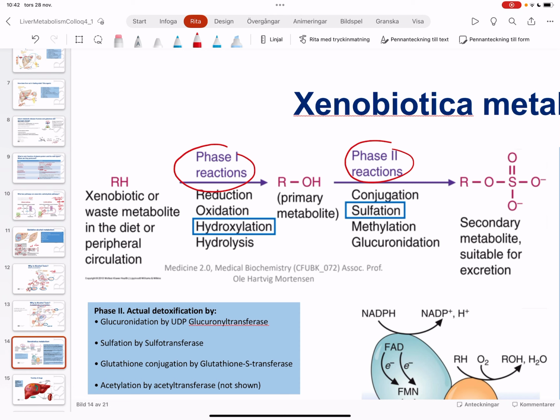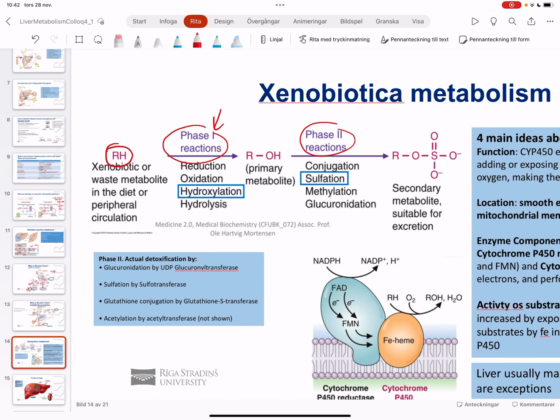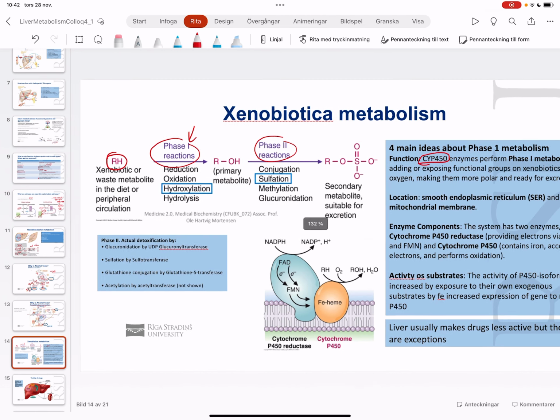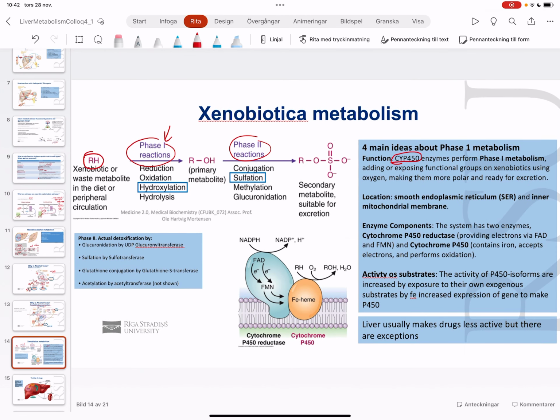The first step would be to make this more water soluble, and that will be the phase 1 reactions. And in the phase 1 reactions, we will use the CYP450 enzyme. And this enzyme has two components.